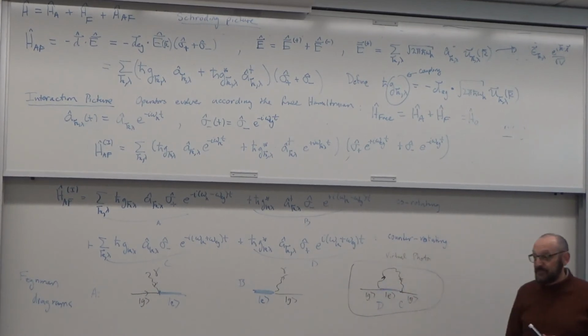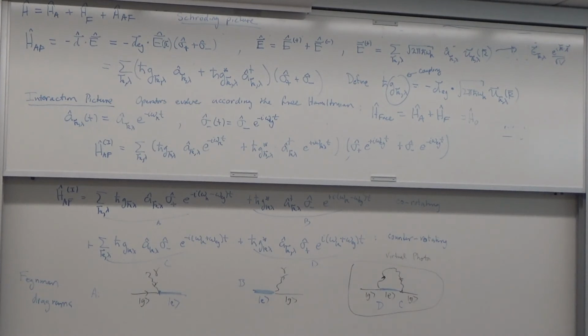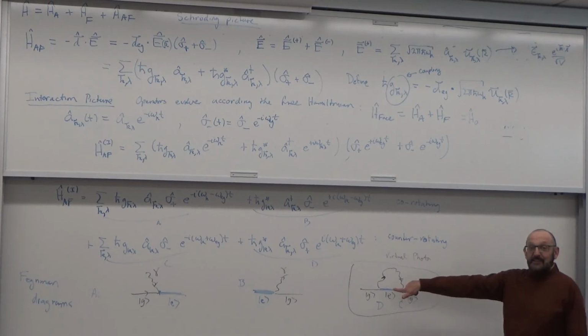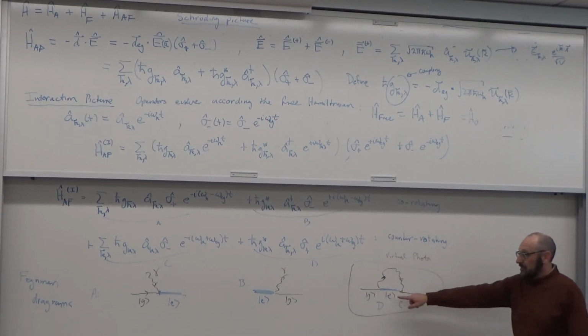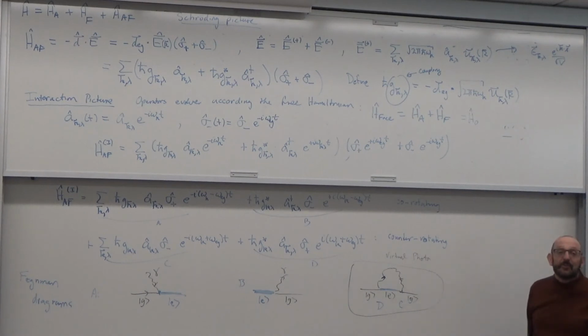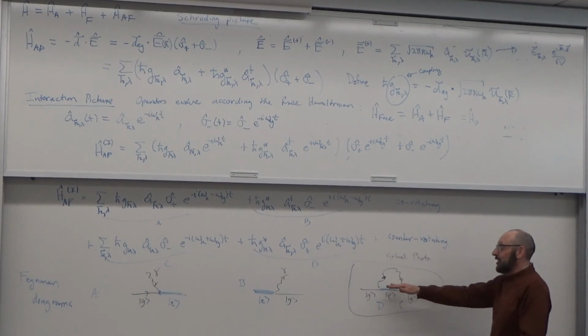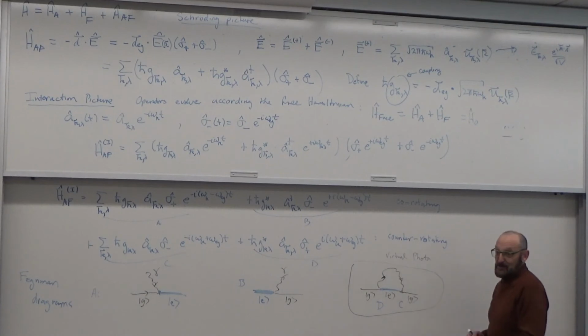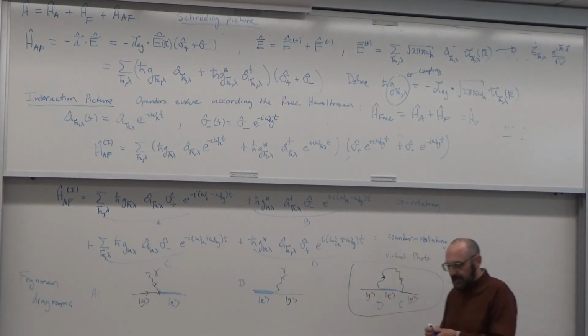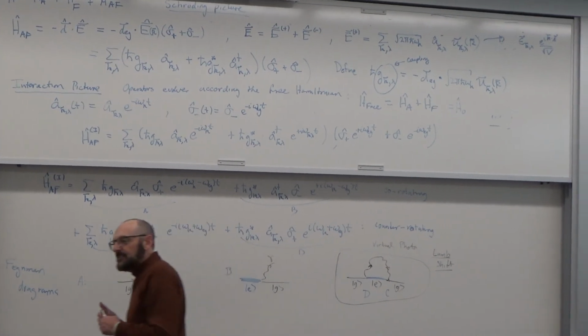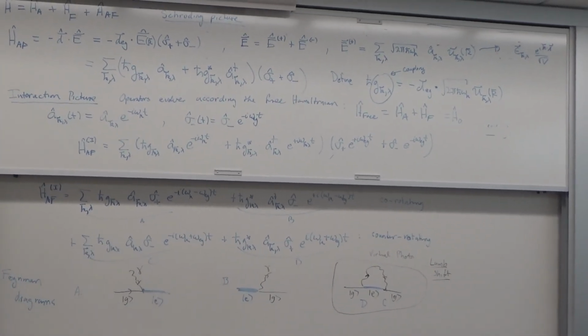There is a shift to the ground state energy. This is a second order perturbation. This is a shift in the ground state energy due to this one particular Feynman diagram. And that shift in the ground state energy, the sort of light shift due to the vacuum, is known as the Lamb shift, after Willis Lamb.